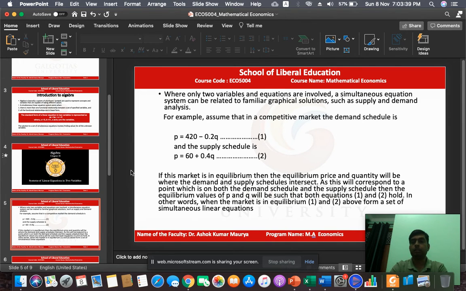No doubt, the application of linear equations is always useful to find out the value of economic variables in economics. That is a simple representation of the application of linear equation in demand and supply: with the help of equalization of demand and supply, we get the value of price and quantity.